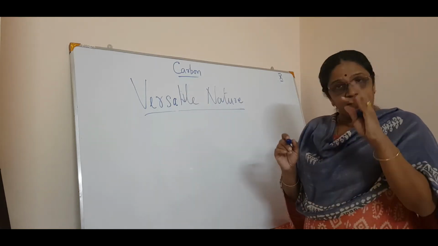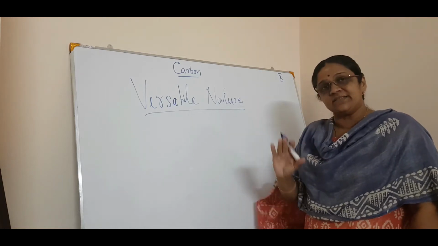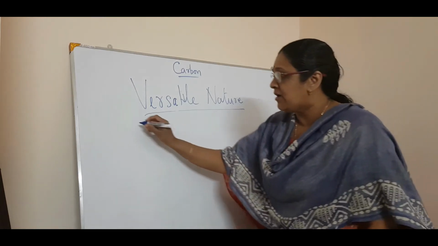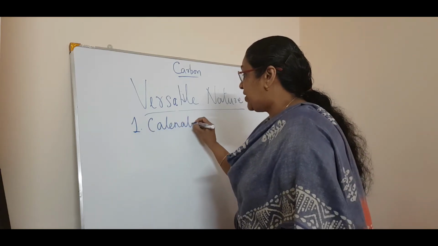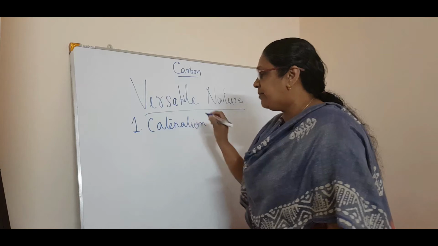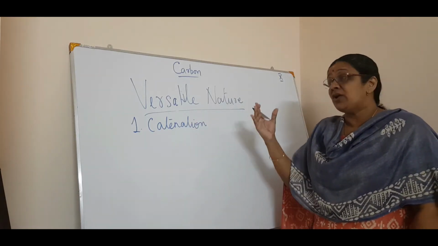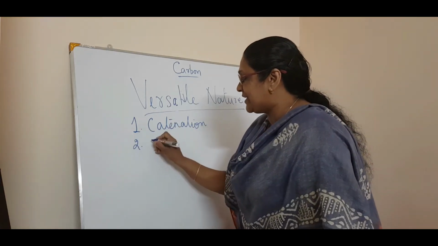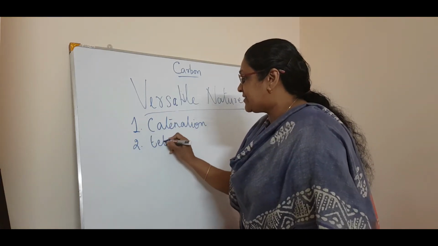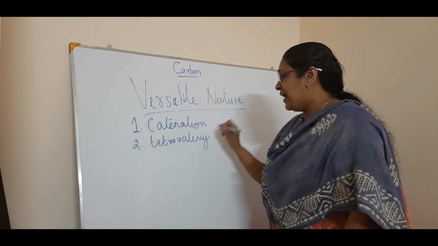There are 3 points to remember about the versatility. First I will tell the 3 points, then I will elaborate on them. First is catenation. Carbon has a unique ability, unique means only carbon. Of course there are a few more elements, but not as much as carbon. Second is tetravalency, which means 4 valency.